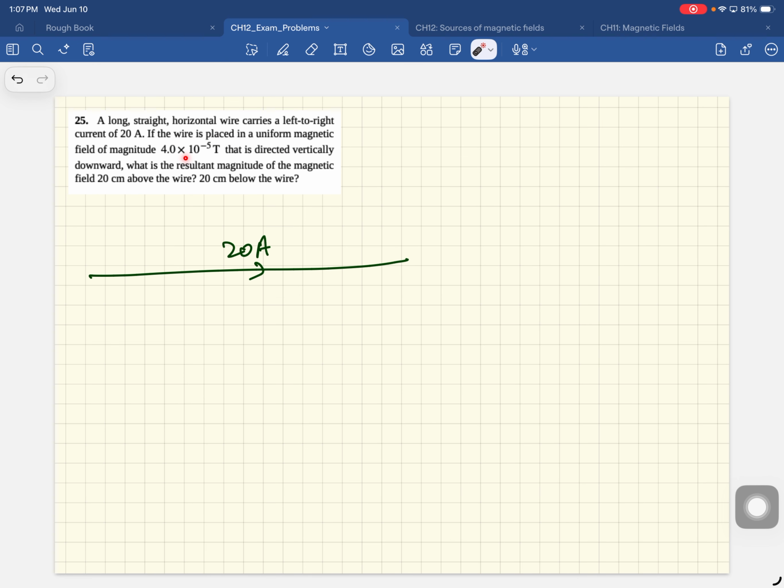So the magnitude of the net field is the square root of 20 squared plus 4 squared.